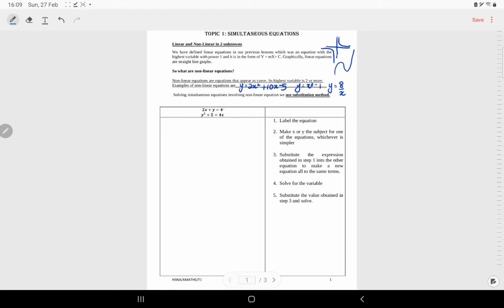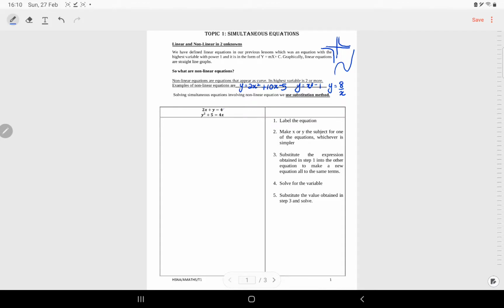Normally when we have a non-linear equation, we will be using the substitution method. You want to rearrange your linear equation, or whichever is simpler, to make x or y the subject, and then substitute it into the second equation. So let's have a look.